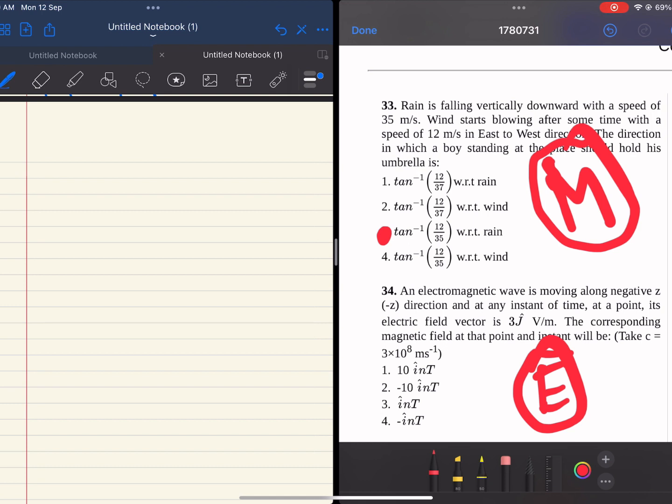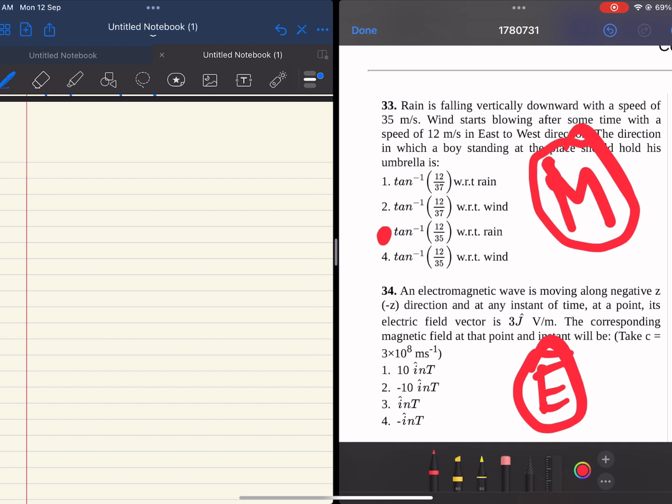We know the magnitude of magnetic field is nothing but the electric field's magnitude by the speed of light, which is 3 into 10 power 8. So 3 by 3 into 10 power 8, we get 10 power minus 8 Tesla, which is 10 nano Tesla. 34th one is option number 1.